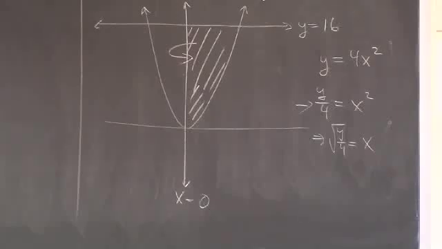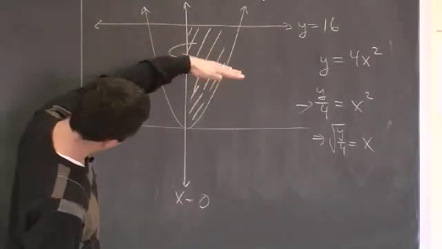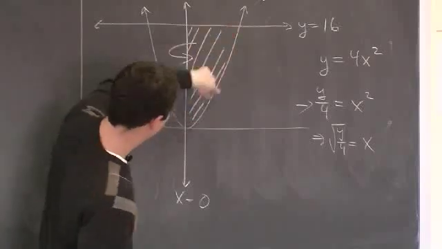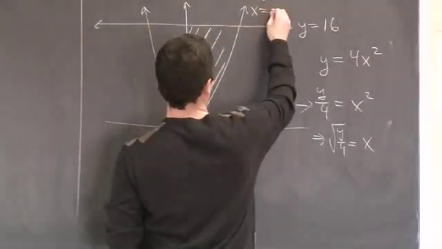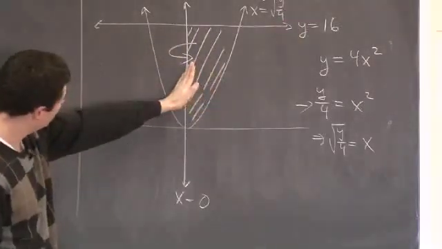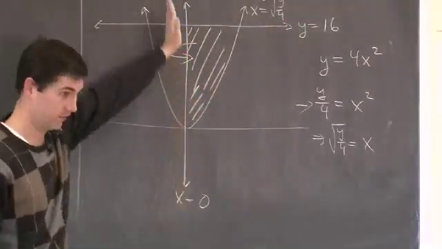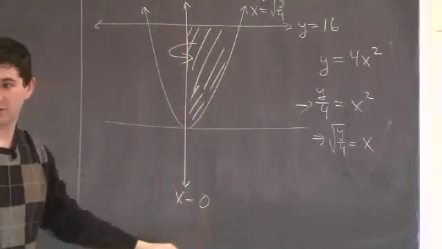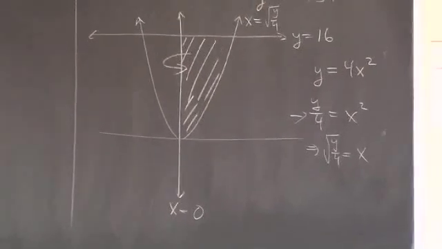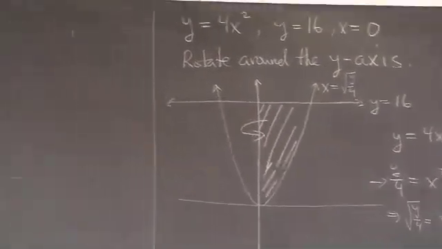Okay, so we're turning our head this way. We're using this function, which is x equals the square root of y over 4. And then we're going to be subtracting x equals 0. That's our other function. So the volume, since we're doing everything in terms of y, there's one variable, so there's 1 pi.